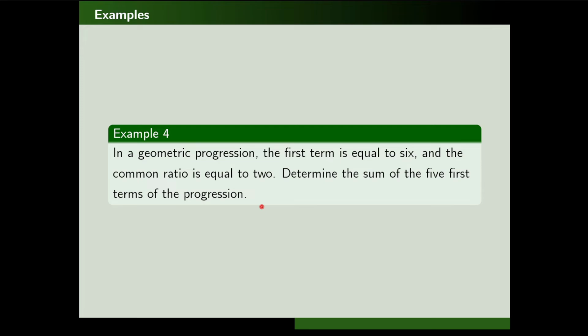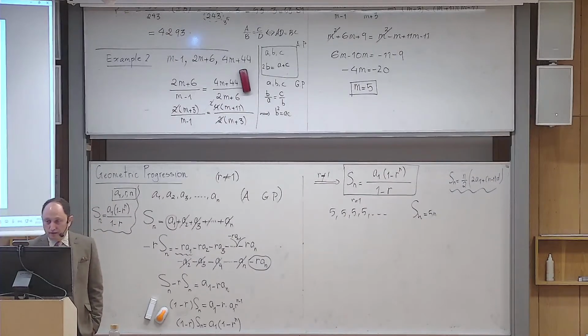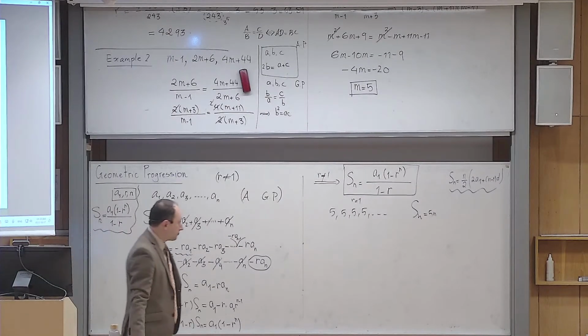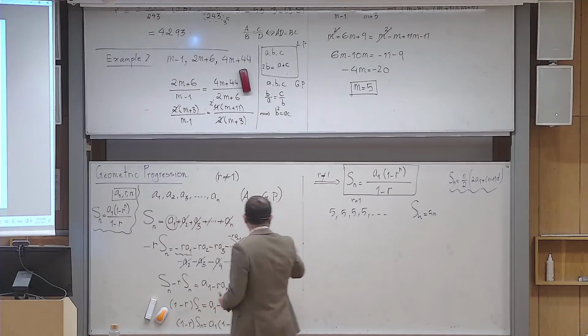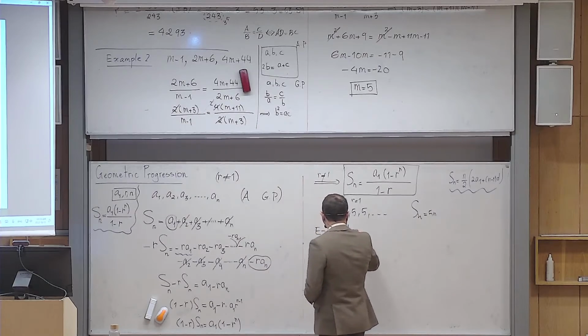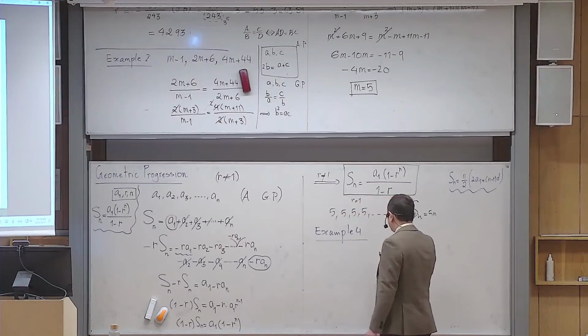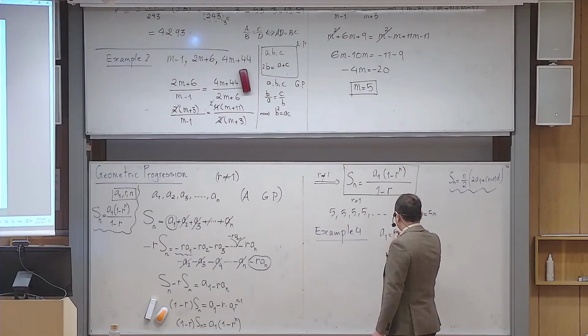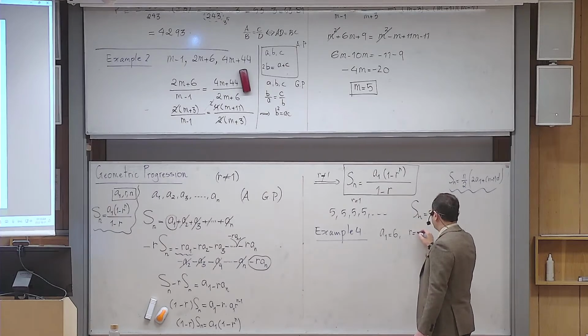Yeah, I think I can do it myself because this is very simple. So, the first term is equal to 6. This is example 4. Yeah, we can do this. It is given the first term is equal to 6 and the common ratio is equal to 2.